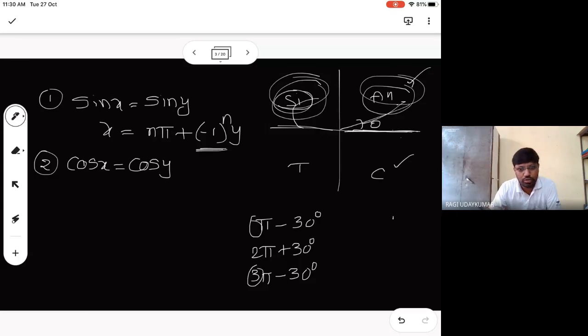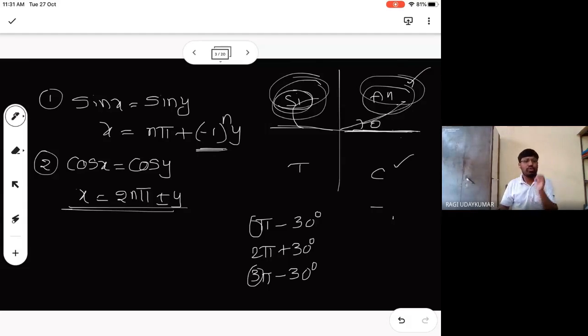Next one, again 4 pi plus theta, 4 pi minus theta. Next 6 pi. So that is nothing but an even number times pi, once plus theta, next minus theta. So x is equal to 2n pi plus or minus y. This is the general solution of that.